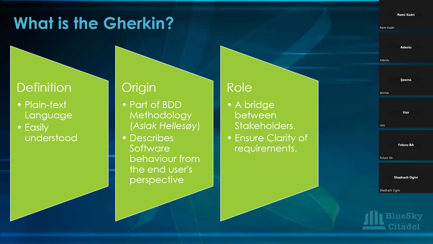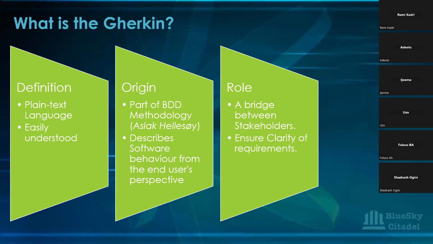It is a bridge between all of the stakeholders, ensuring clarity and collaboration within the stakeholder community. It ensures clarity of requirements. It's a development process driven by defining the desired behavior of the software through scenarios and examples. These scenarios are explained in plain language, making them accessible to non-technical teams.